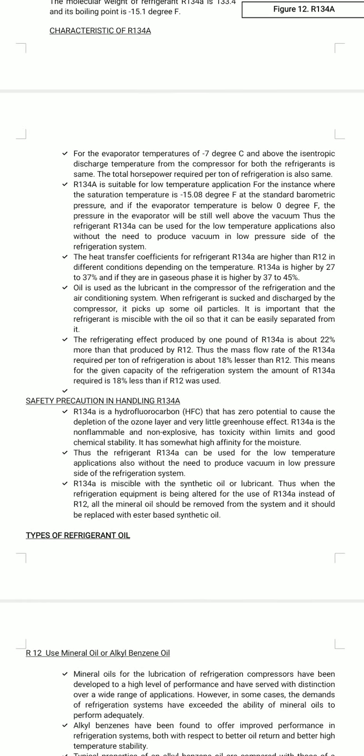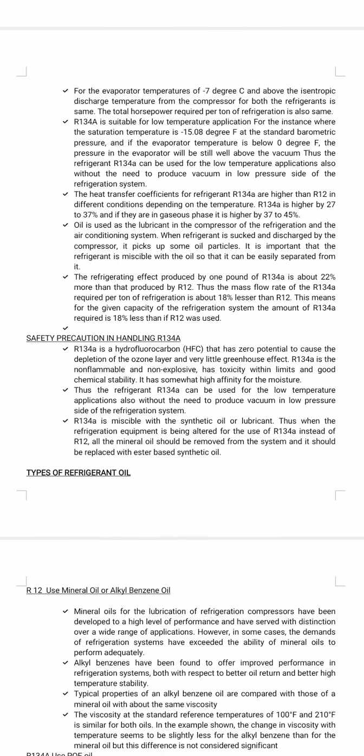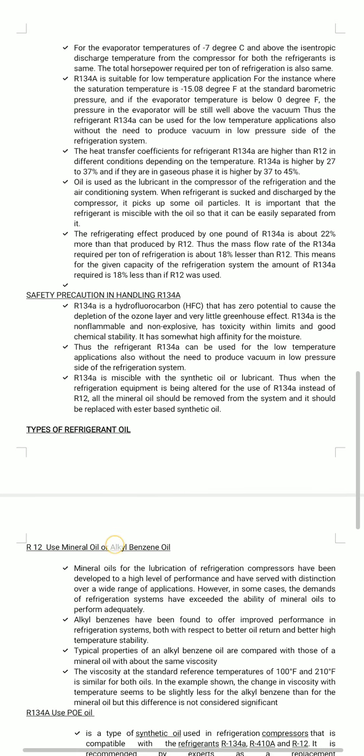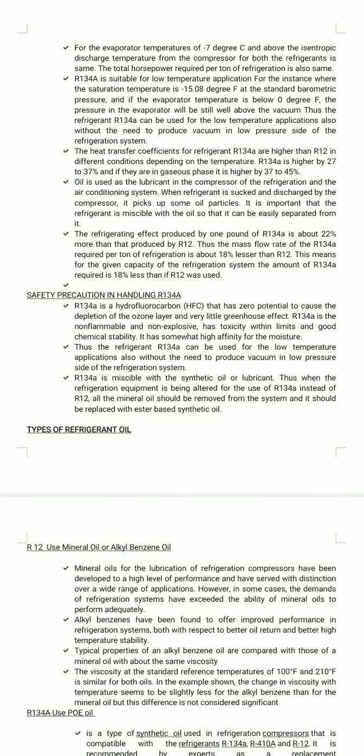Characteristics of R134A. For evaporator temperatures of negative 7 degrees Celsius and above, the isentropic discharge temperature from the compressor for both refrigerants is the same. The total horsepower required per ton of refrigeration is also the same.